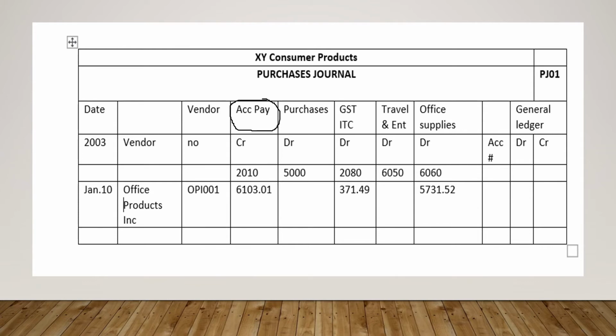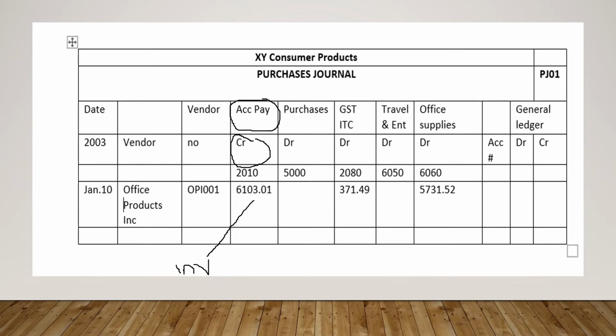It's your company who is responsible to go pay account payable because they did not pay for those goods upfront. And because account payable is a liability account, it is always credit when you're getting it. And then it's the amount of the invoice that is equivalent to account payable. This is the invoice amount.